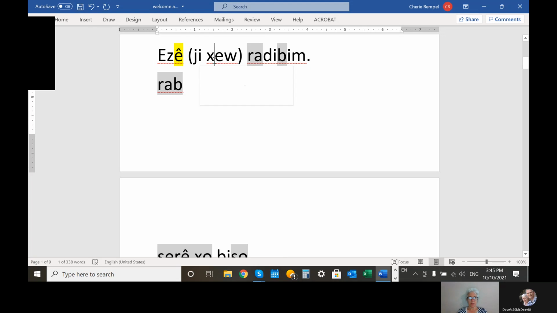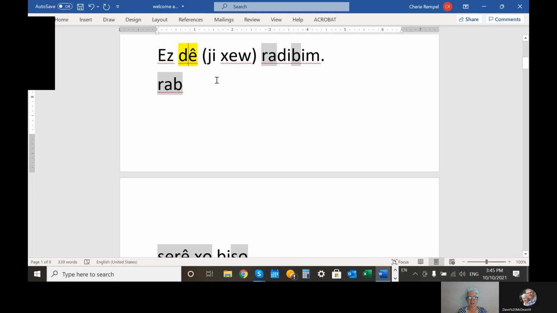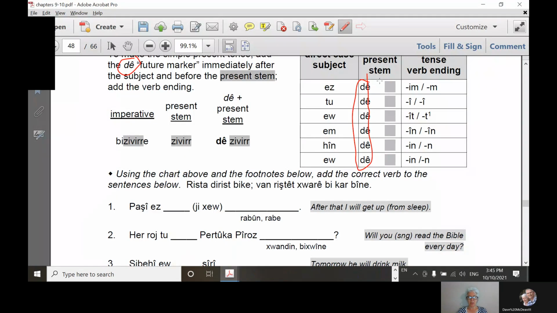So it would be as day, and you don't have this continuous marker. As day shchal rabim. So there's no DI connected to the present stem. Day is the future marker.